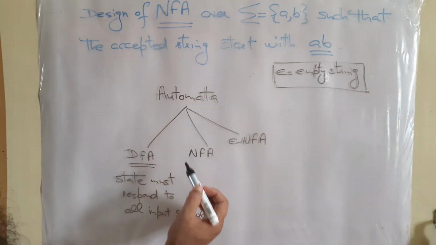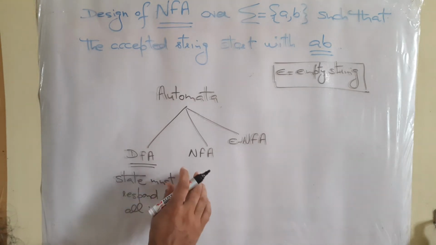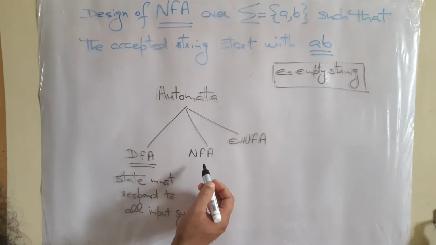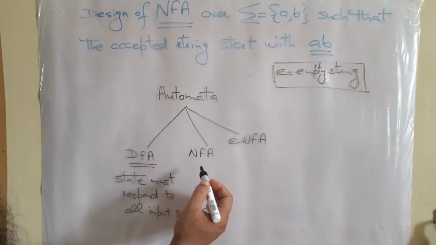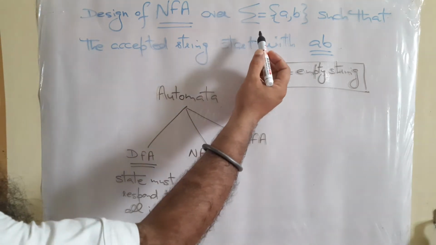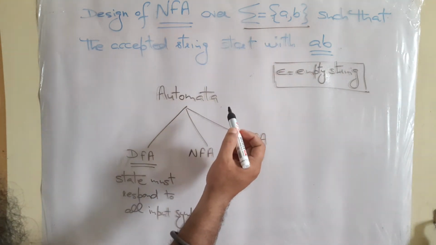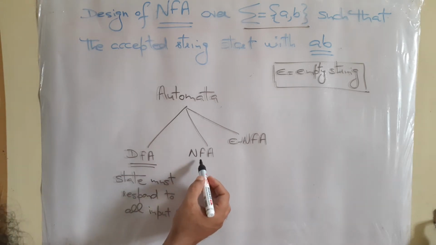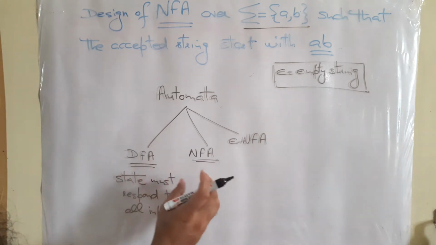But in NFA, there is no such condition that every state has to respond to every input symbol. The state may or may not respond to every input symbol of the sigma. Here, sigma is the set of symbols, equal to a, b. By this definition, in DFA every state must respond to a as well as b, but for NFA that's not required. So this is the basic difference between DFA and NFA.